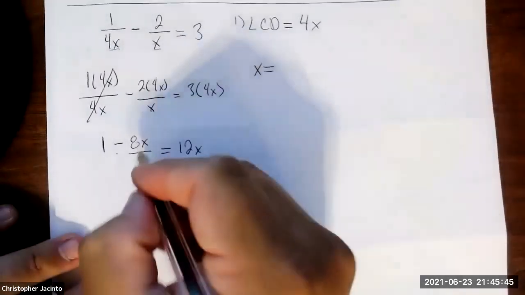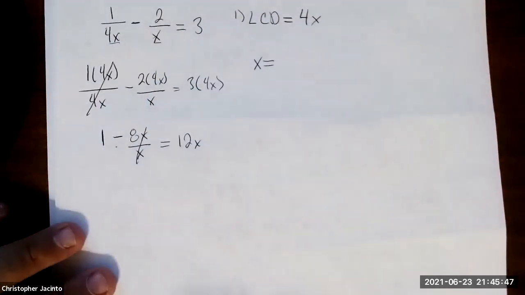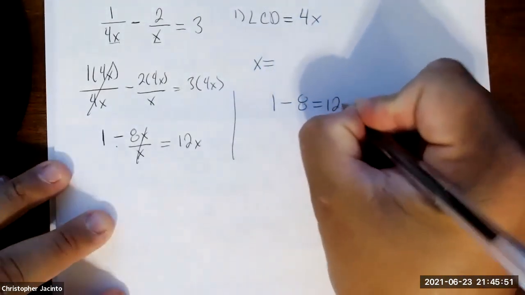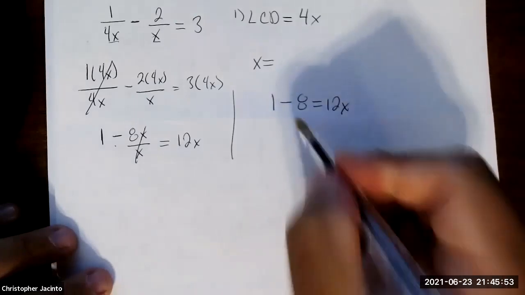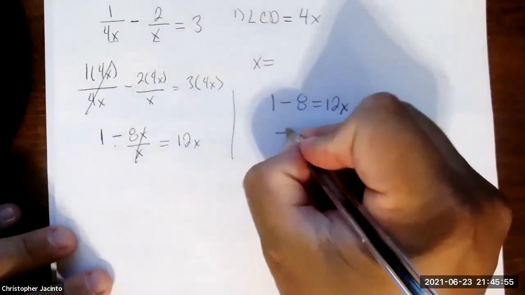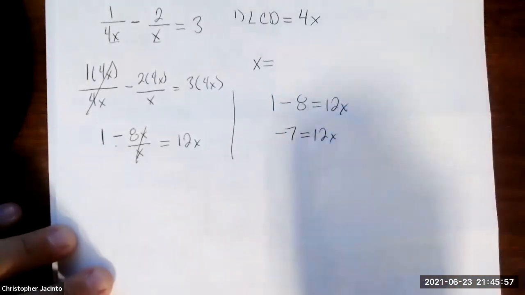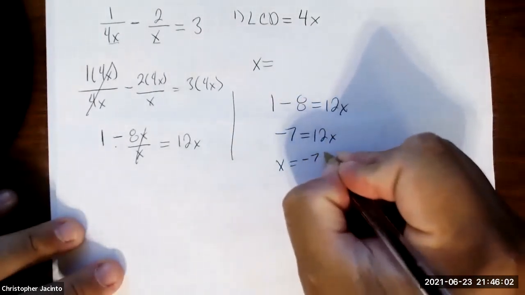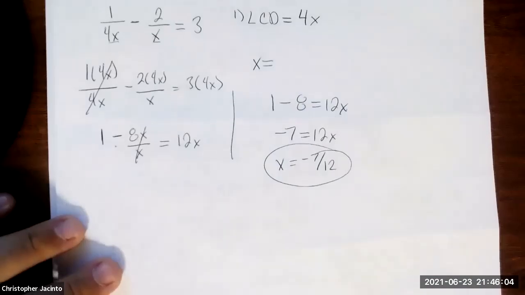And again, that's nice because those x's cancel. We're left with 1 minus 8 equals 12x. Subtracting those gives us -7, and then divided by 12, we get -7 over 12. There you go. Good job.